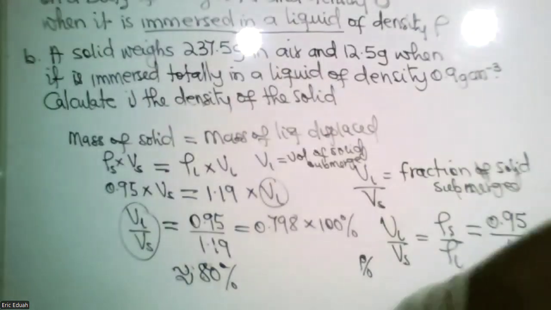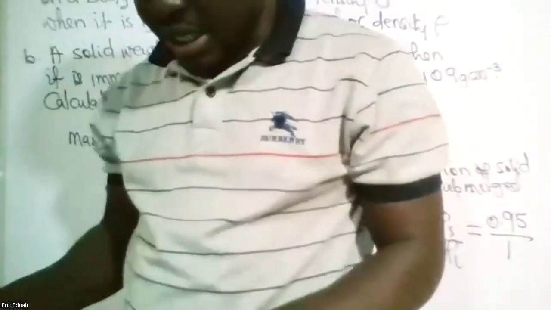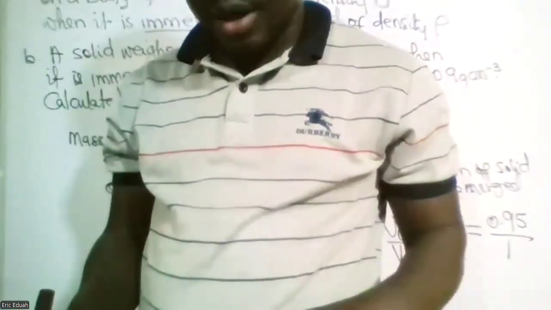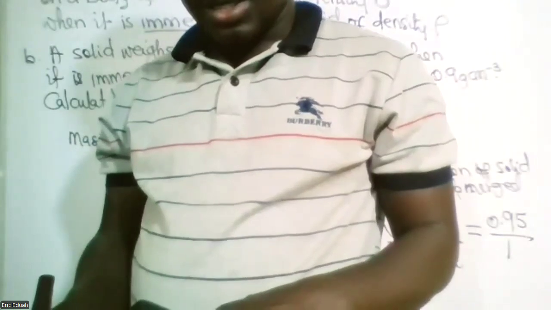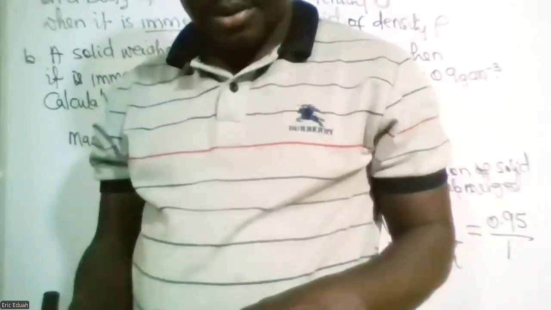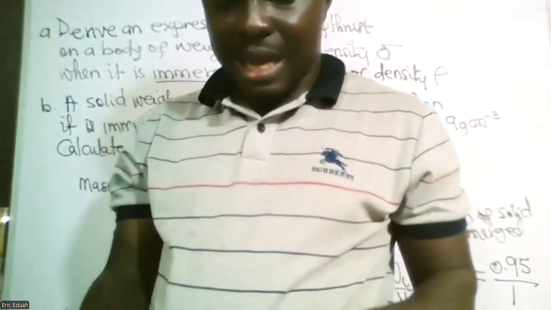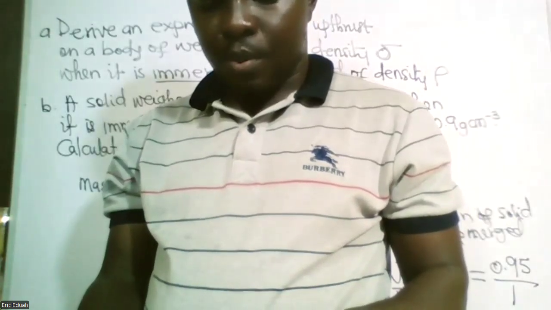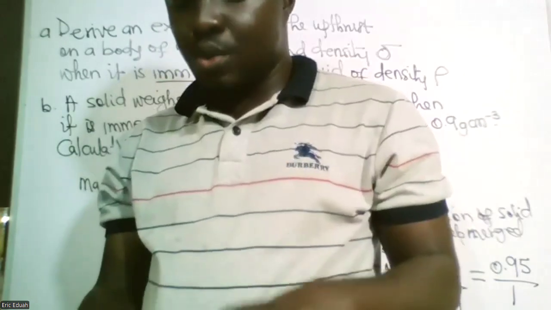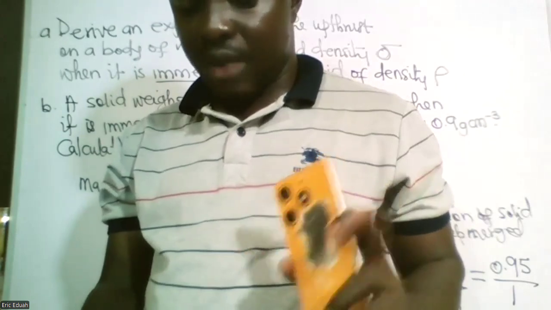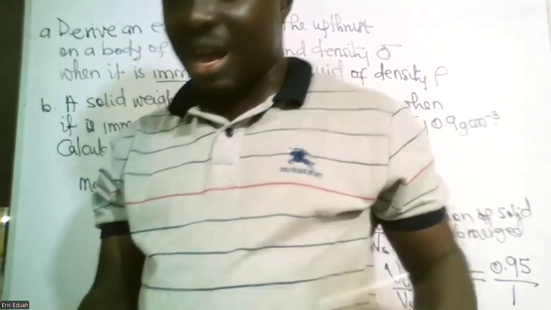I'll just leave you with the last question. The last question says that calculate the density of a liquid in which the solid would float. Calculate the density of a liquid.